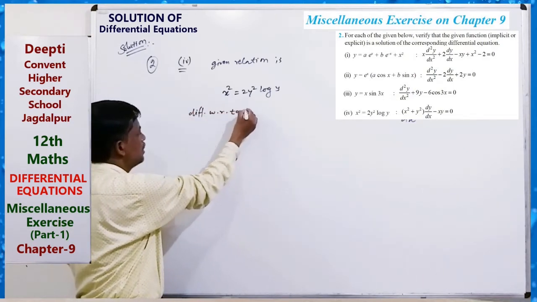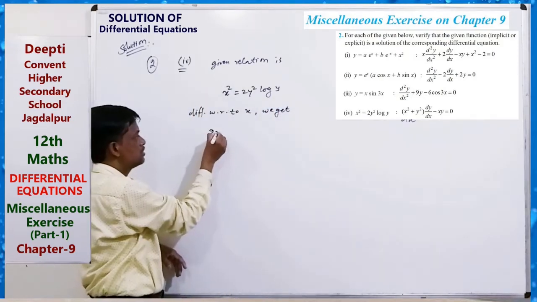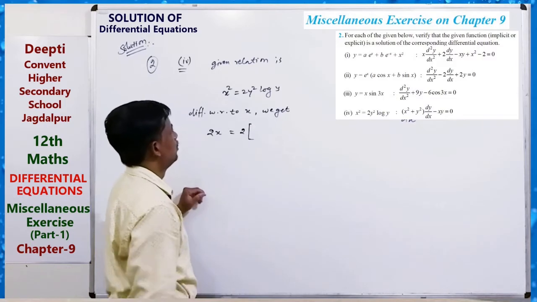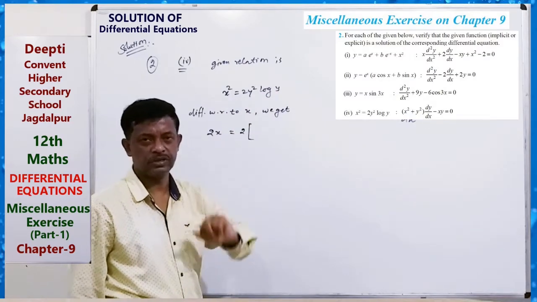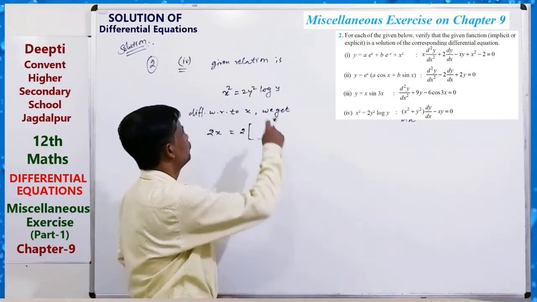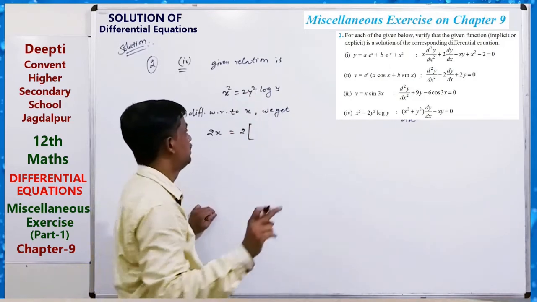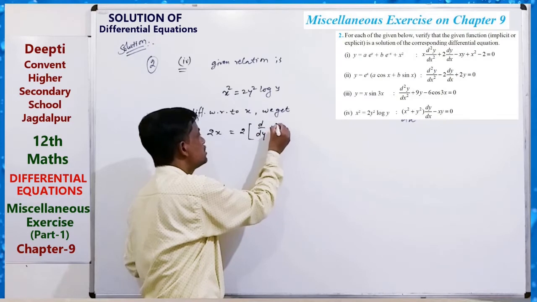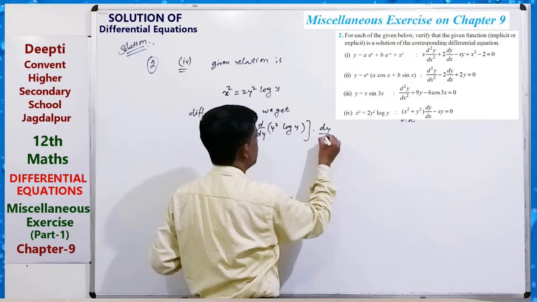So here this is the given relation; differentiate with respect to x. We get 2x equals 2 times the derivative of y square log y, a product of two functions, with respect to x, with dy upon dx.